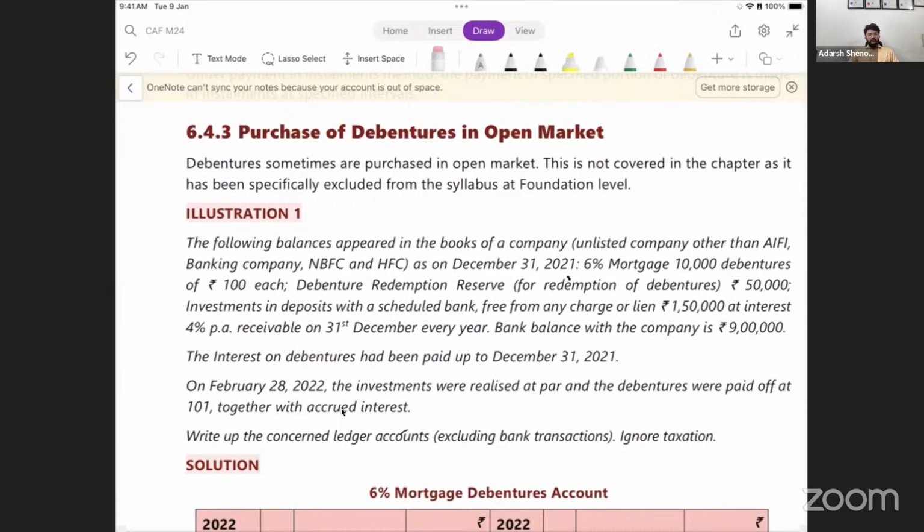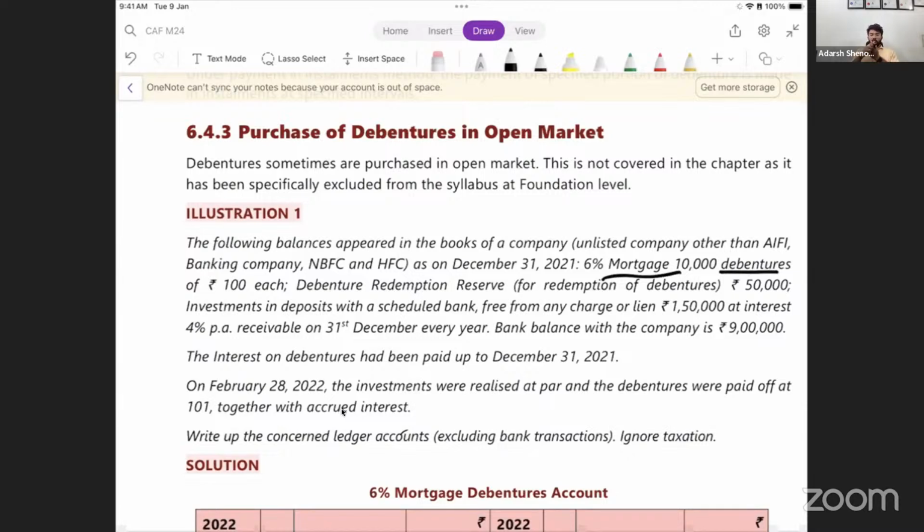So, other than the specified companies, all of the companies follow the reserve rules, the investment rules. As on December 31, 21, 6% mortgage debentures, 10,000 debentures of 100 each. So they have already issued the debentures. There's already a balance in the debenture account. So we don't have to issue the debentures, okay?